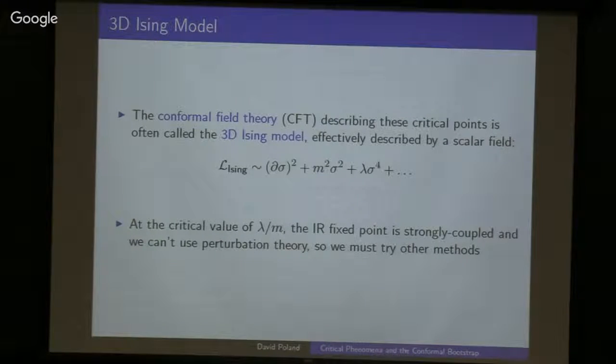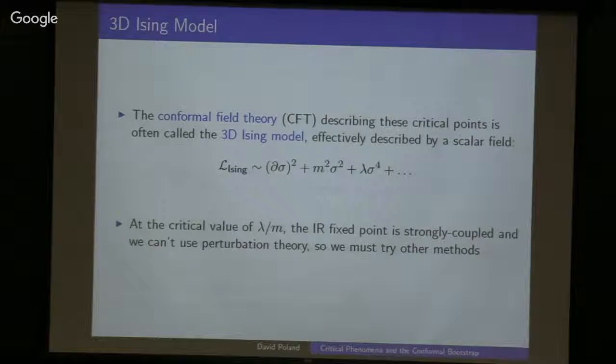So there's a whole list of other methods that people have tried over the years: epsilon expansions, high temperature expansions, different ways of truncating the renormalization group. All of these approaches have really a disadvantage that they tend to have errors that are not very easy to control.